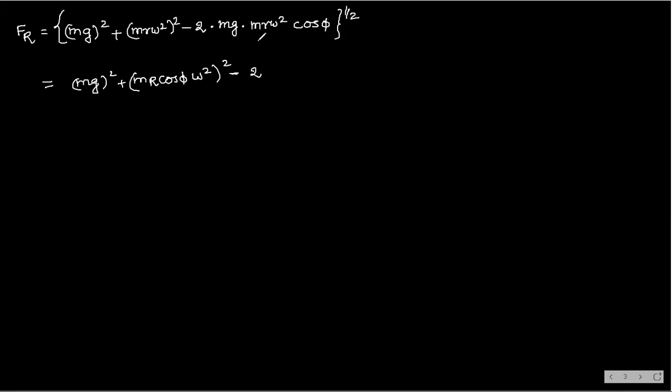Here what will we get? M square, check it. M square g R cos phi omega square, and this is whole power 1 by 2. Understood?